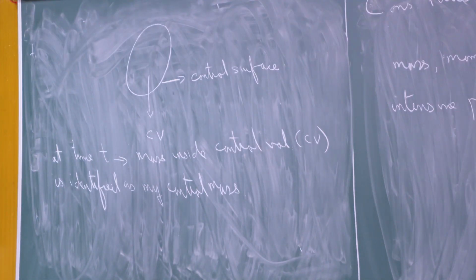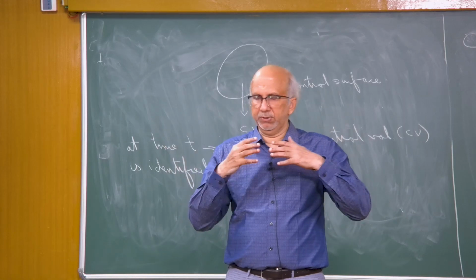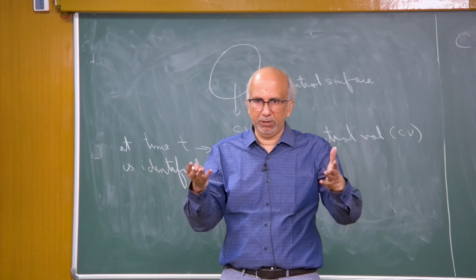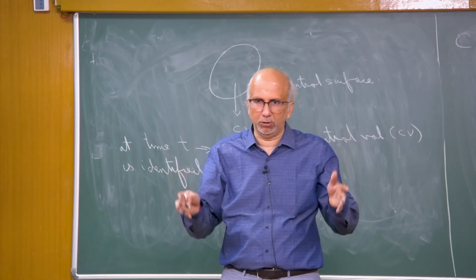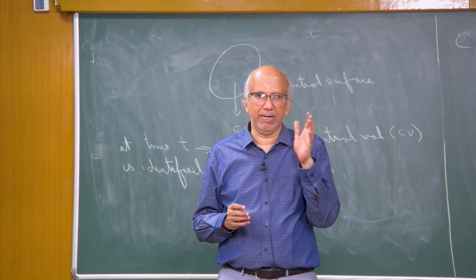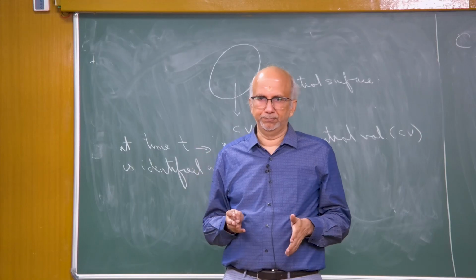So at time t, the control volume could be this room, and the control mass is everybody, me, you, all the molecules sitting here, that is my control mass, okay. Now at time t, the control mass is occupying the control volume.